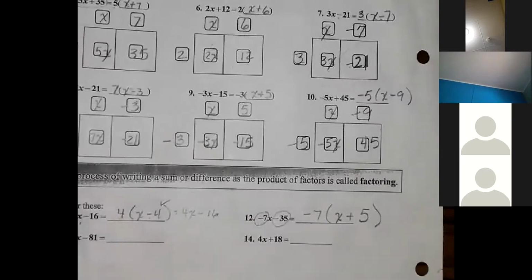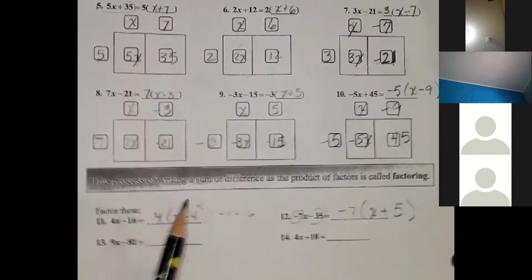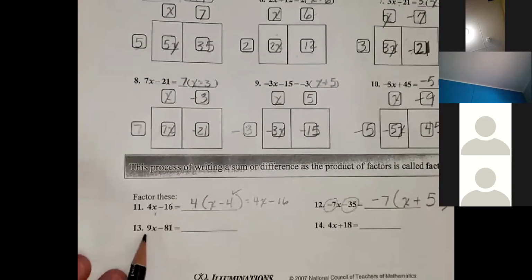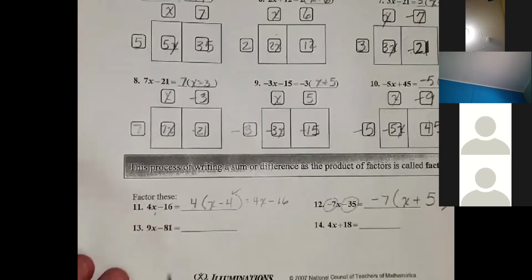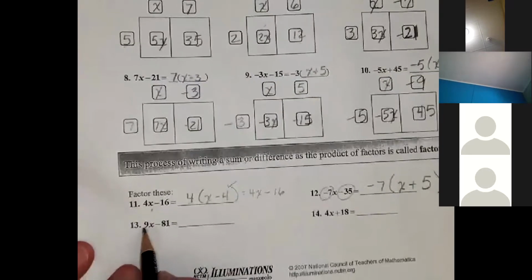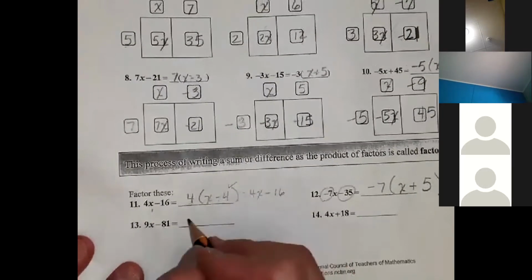Yep. No. So factors of 9 and 81, the biggest number that it'll divide evenly into 9 and into 81 is 9.